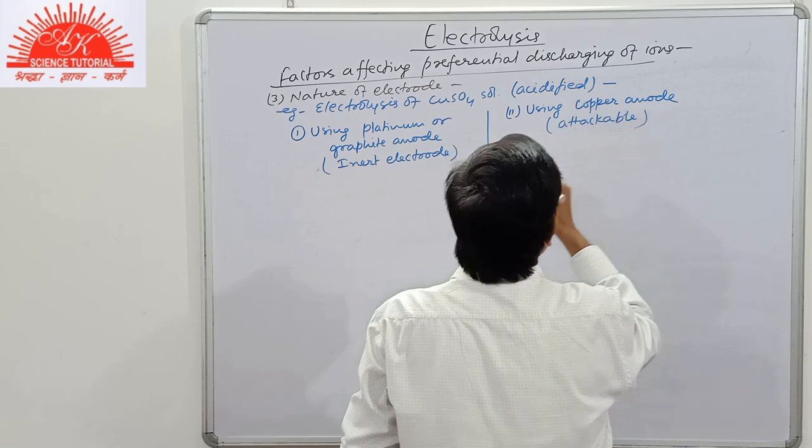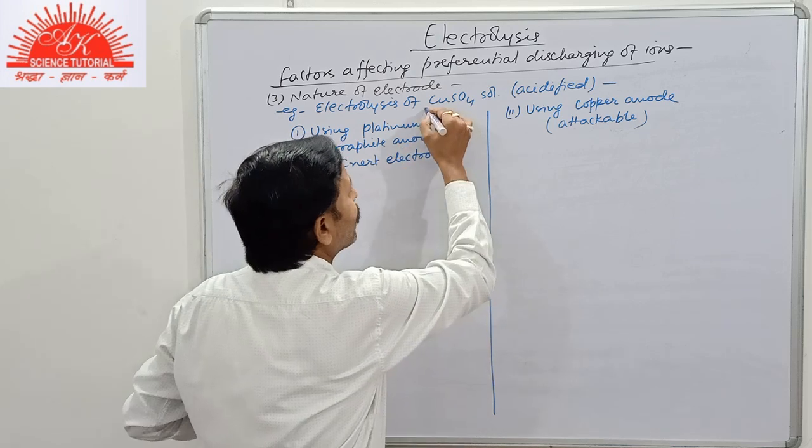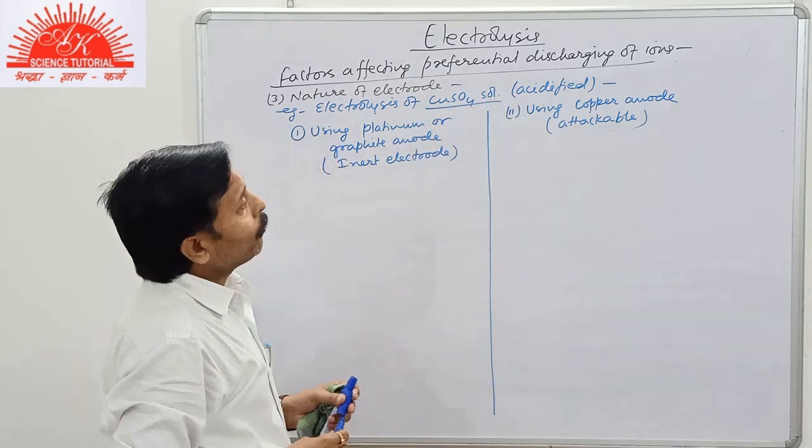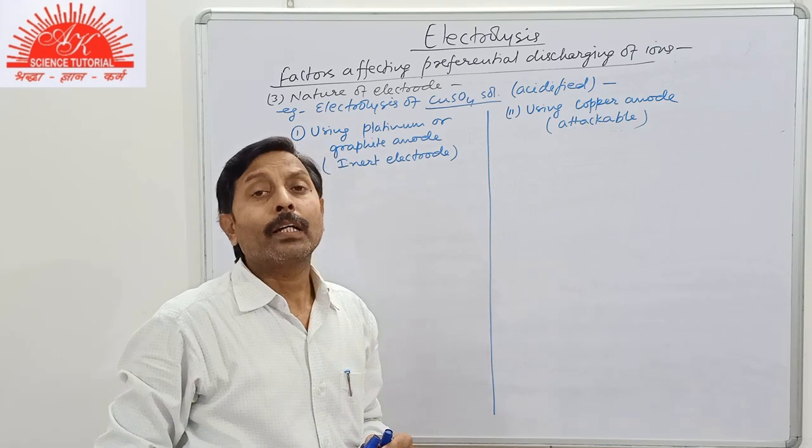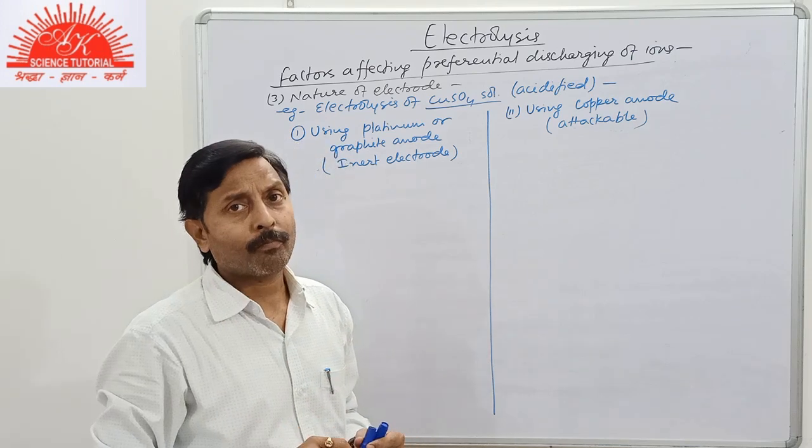It is attackable because we are using copper sulfate solution, and we are also taking the same metal at the anode, so it is called attackable.